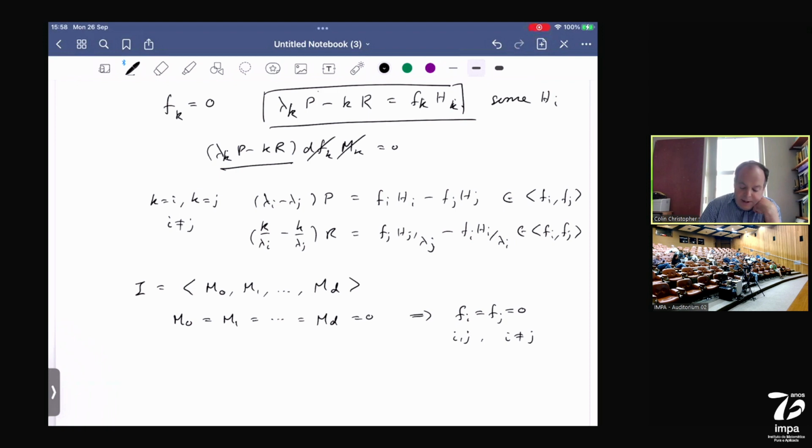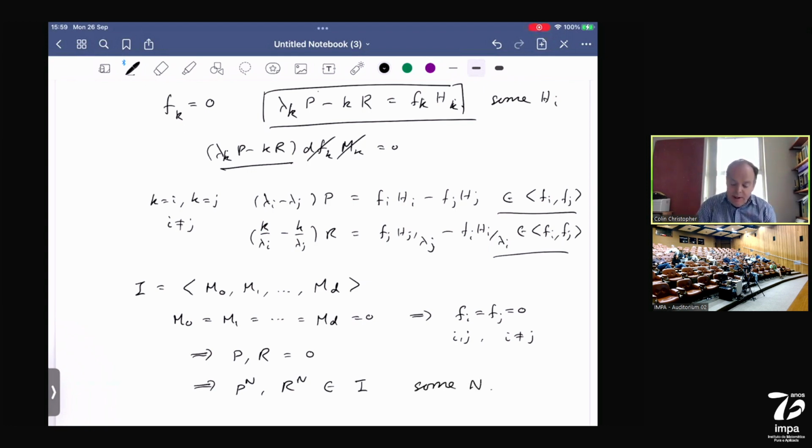But that implies that P and R are both equal to 0 because of these conditions up here. And by the Nullstellensatz, that means that P to the n and R to the n are both in my ideal I for some sufficiently large n.